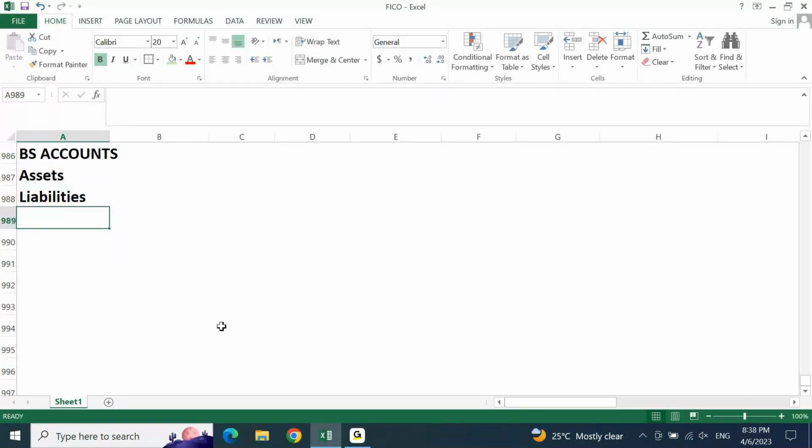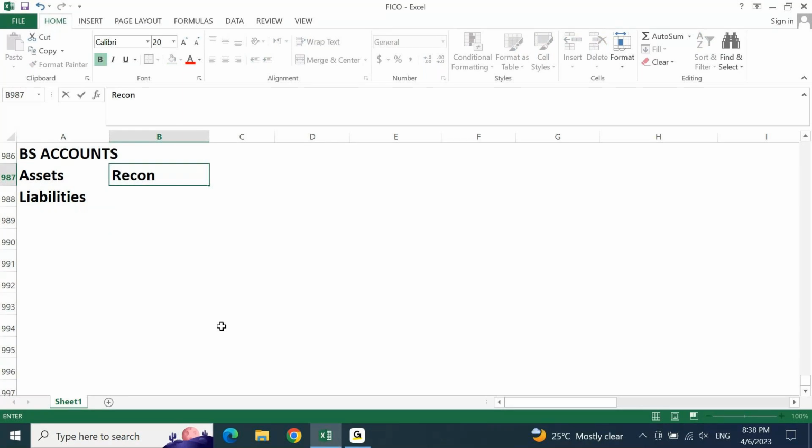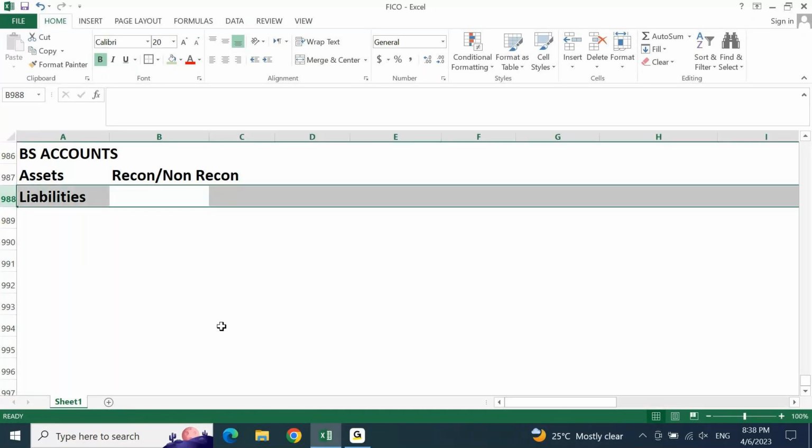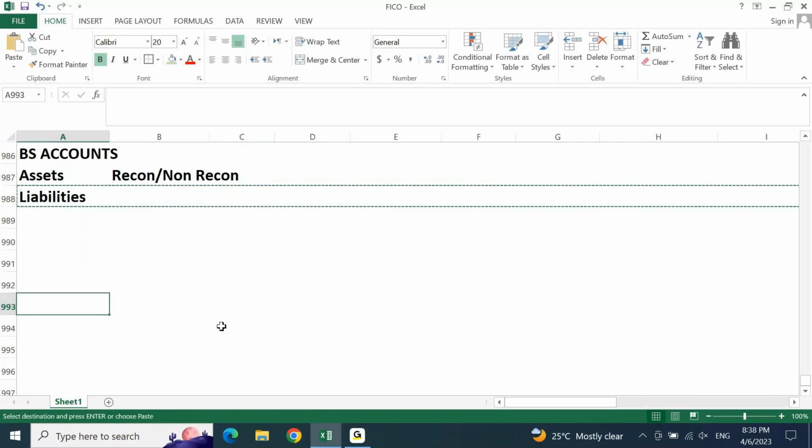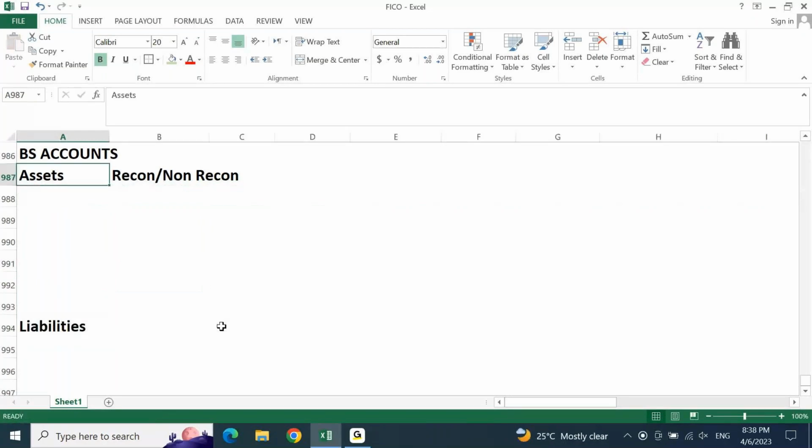From assets, you again have to segregate, the way you segregated expenses into cost element and non-cost element, and income likewise. Similarly, from assets you segregate current assets into recon or non-recon accounts, meaning balance reconciliation accounts or non-reconciliation accounts.